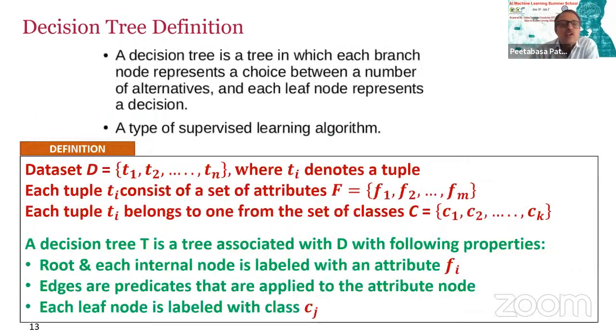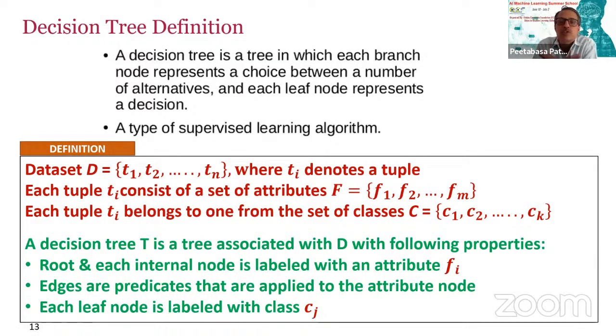Now, let's try to put a formal definition on this decision tree. A decision tree is a tree in which each branch or node represents a choice between a number of alternatives, and each leaf node represents a decision. Like I said, at the leaf node you don't have any ambiguities.